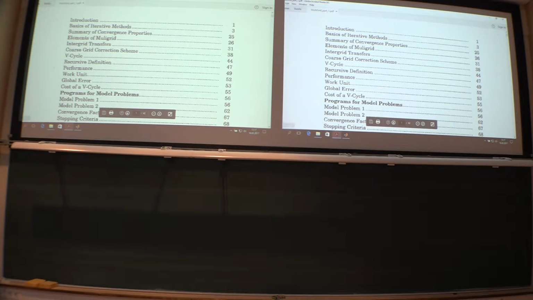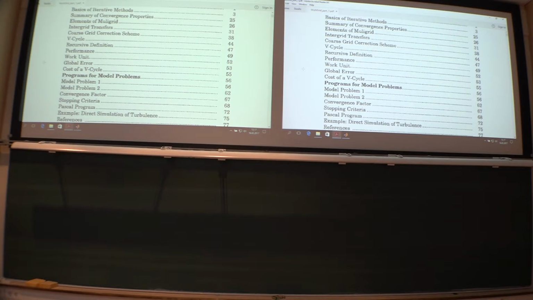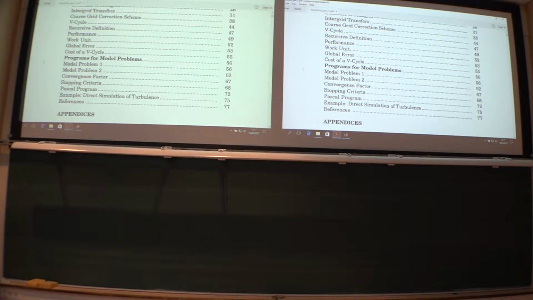Some of this material will be too detailed, a little touching into the numerical theory behind the error, how efficient this method is. It's a little too heavy, and I would say we don't really need all the details there, but it's here, so you can play around with it if you like.